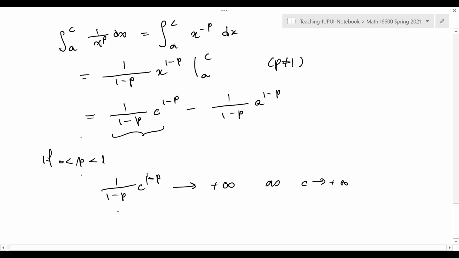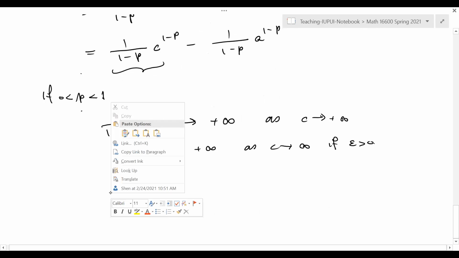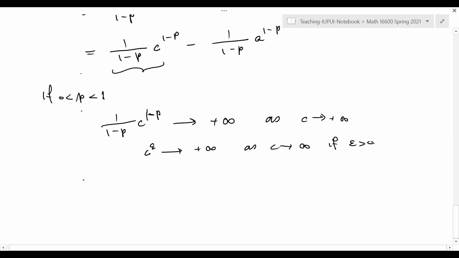Why? 1 minus p is a positive number, so c to a positive number goes to infinity as c approaches infinity. So using this fact, you can simply write the integral as infinite. That's the first case.